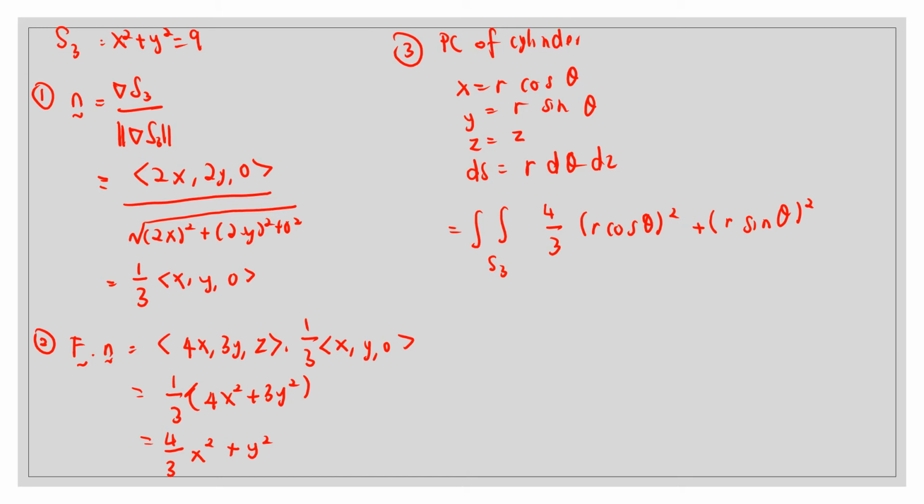And dS is r d theta dz. When you simplify it, you will get the double integral over S3 of 36 cos squared theta plus 27 sin squared theta d theta dz. I will continue in the next slide.